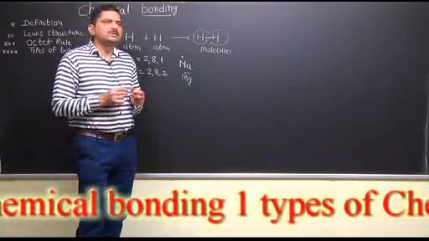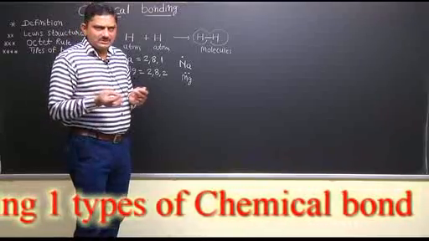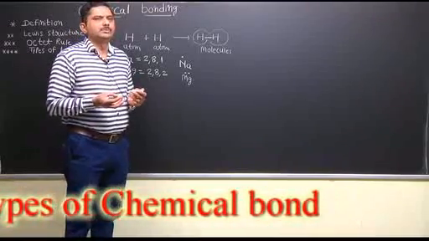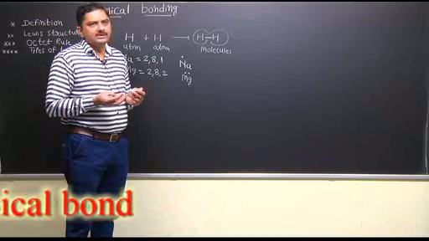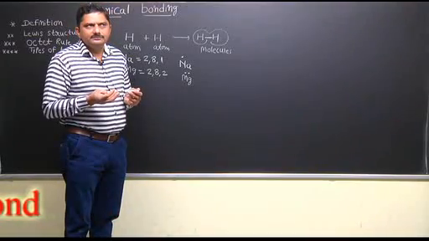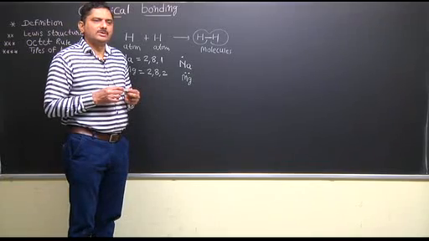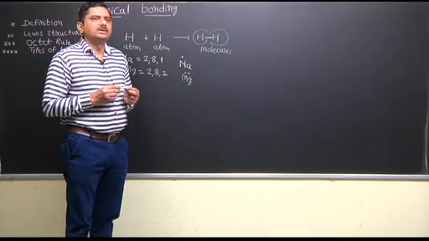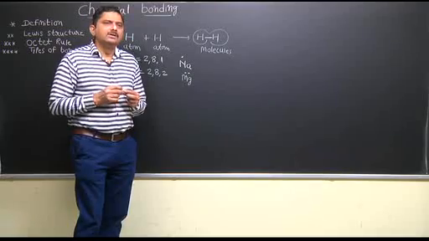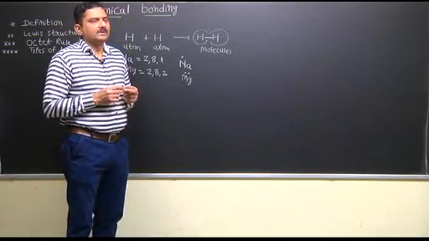This is done by, number 1, donating electrons, number 2, gaining electrons, and number 3, sharing of electrons. Each element wants a stable electronic configuration like the inert gases, meaning 8 electrons in their outermost orbit, which is called the octet rule.